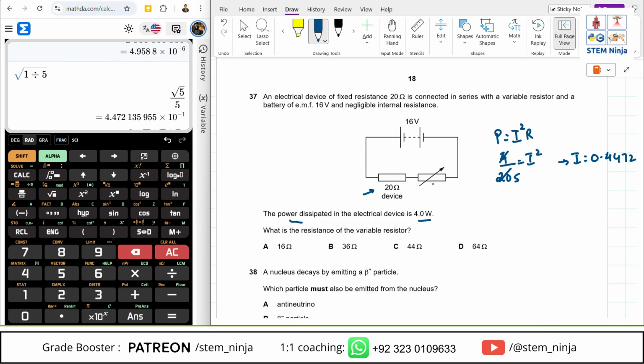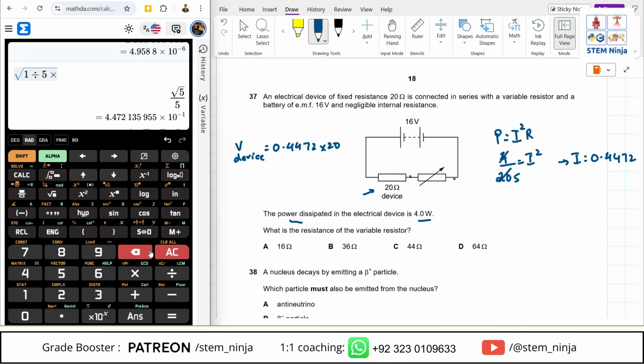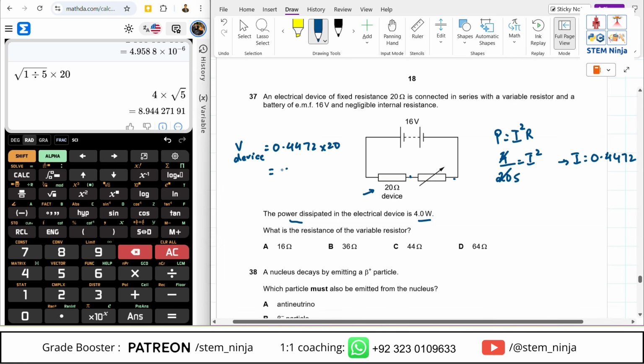Now, if current is flowing, this means that we can also find out the potential difference across these two. So we know the current that is flowing. So V across the device would be 0.4472 times 20 times 20, we get 8.944.